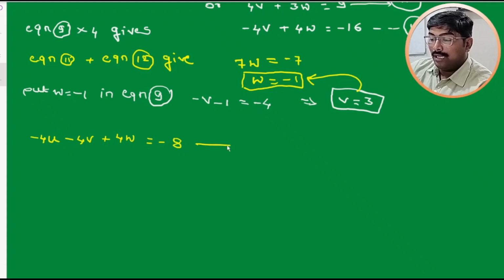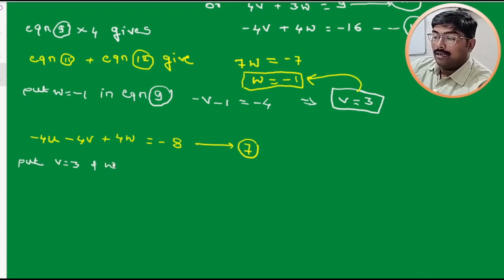So this is equation number 7. Put V is equal to 3 and W is equal to minus 1.